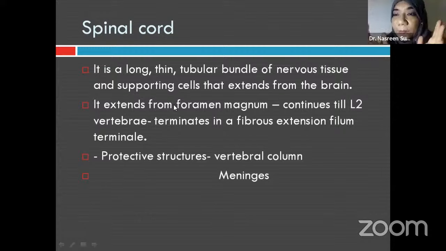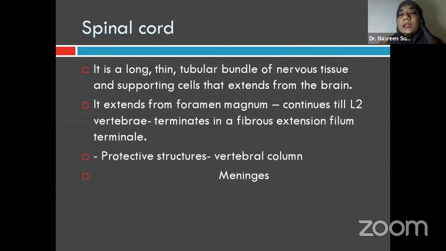So in HAP1 you have done your HAP practicals. There you might have seen the skull and you have seen one hole near the throat, right? Back side. That is the foramen magnum, which is the largest foramen in your body. Foramen means hole.